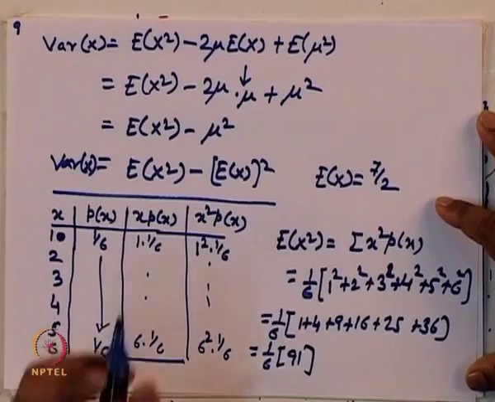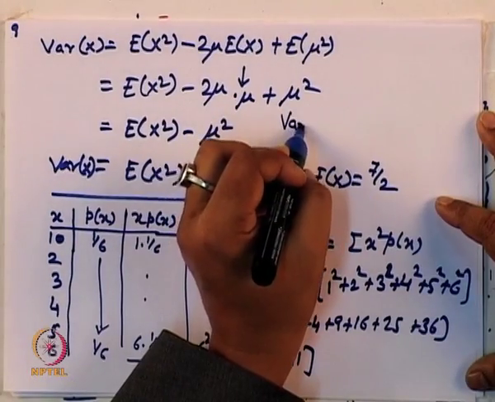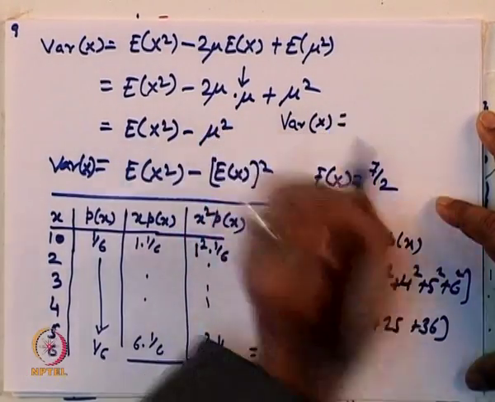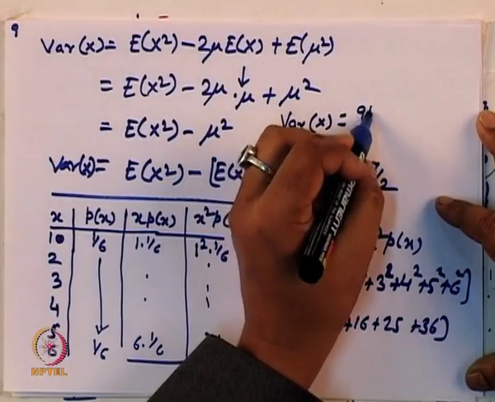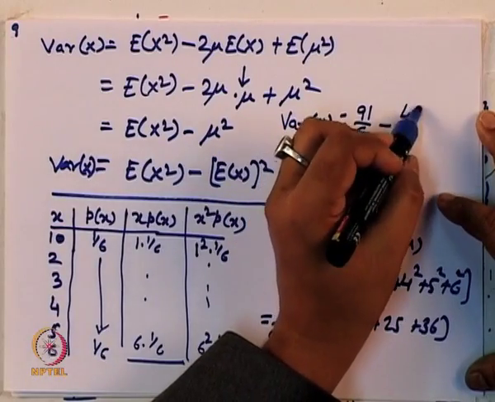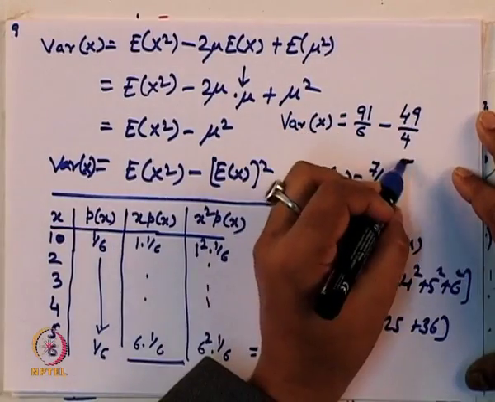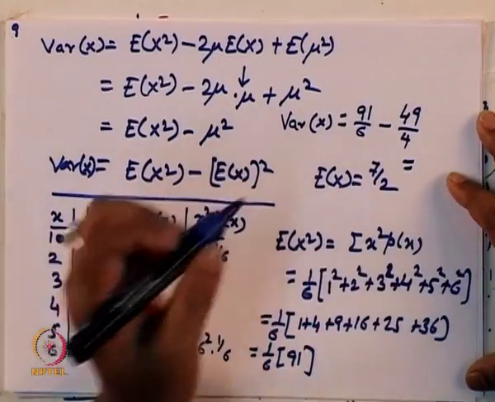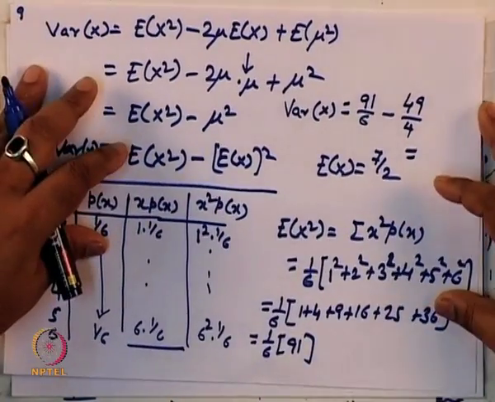So, your variance of x will turn out to be 91 by 6 minus (7 by 2) square, which is 49 by 4. You can simplify this and calculate the final value of variance.